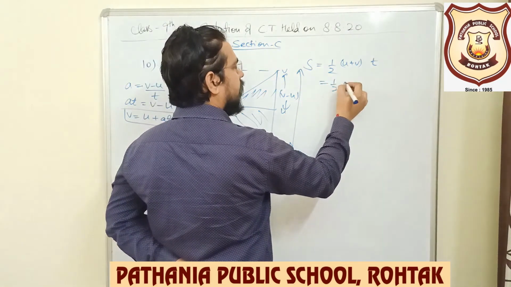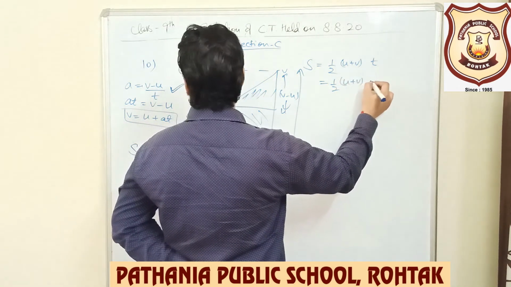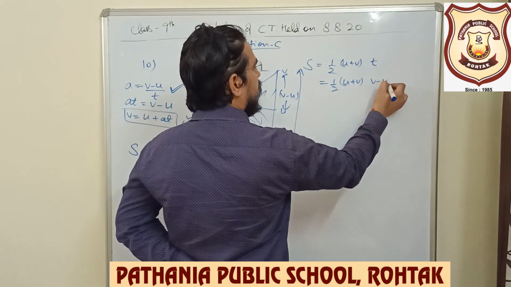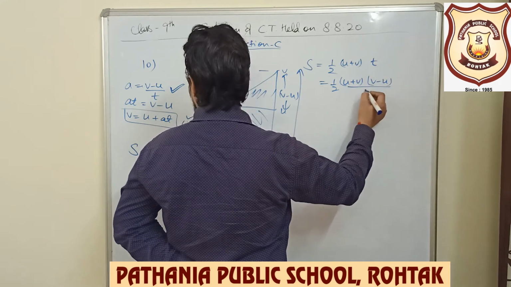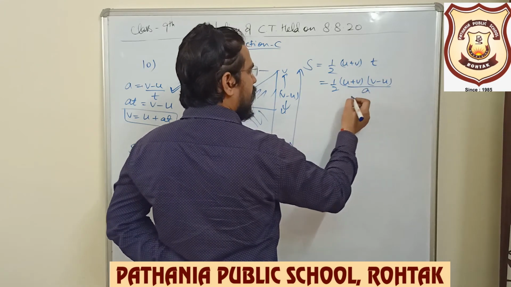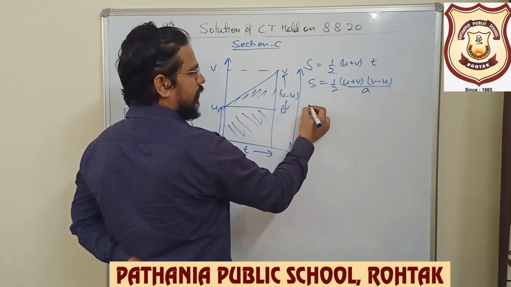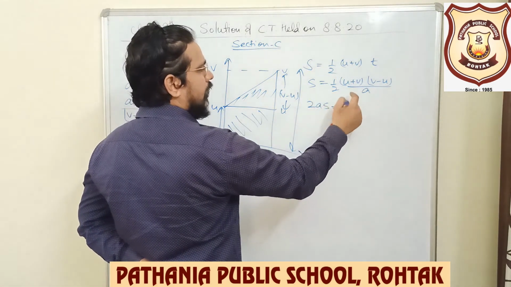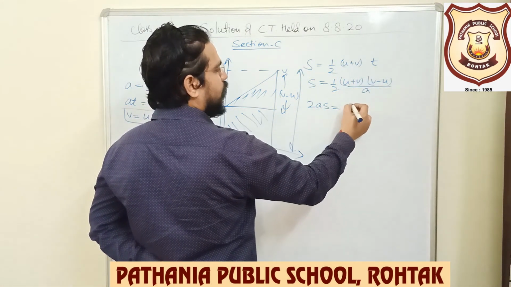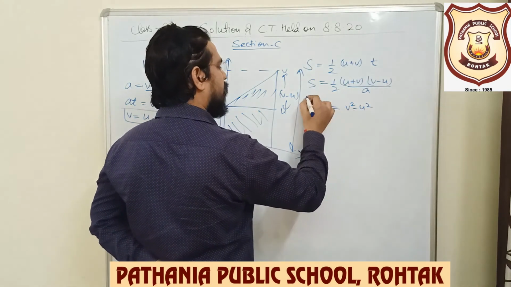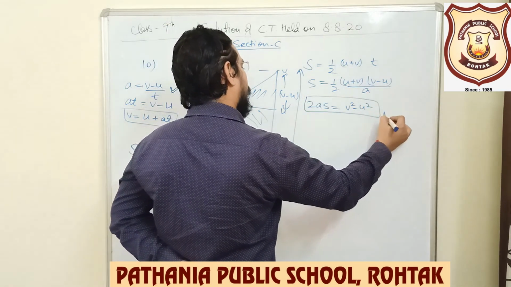So half into u plus v into v minus u divided by a. If the 2a goes to the left hand side, it becomes 2as, and u plus v and v minus u give the formula of a square minus b square, v square minus u square. So that is your third equation of motion.